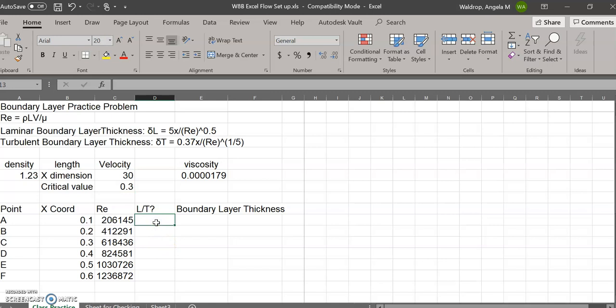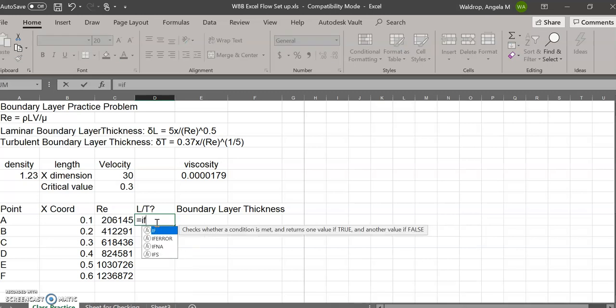So I'm going to use logic, and this is a good review for logic. With logic, I'm going to use the if command. I'm going to go equals if, okay? And I'm going to test to see if this value is greater than this value, but I want to put an absolute reference for the C10. That way I only have to build this equation once, and I can just copy and paste it all the way down.